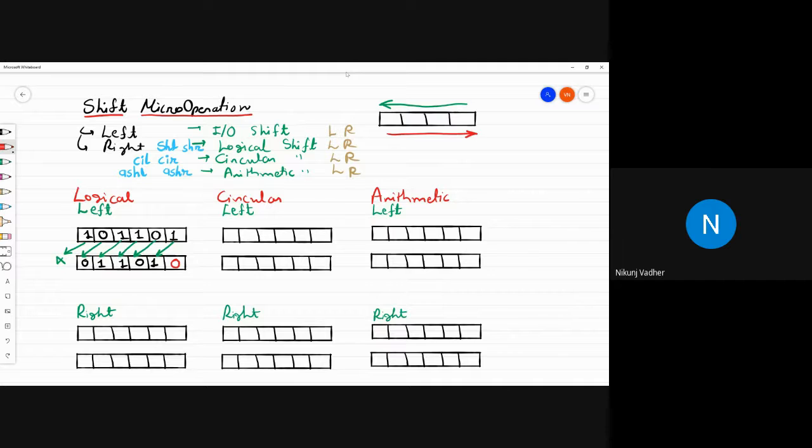So what will happen whenever we implement logical shift left? In logical shift left, the number will be multiplied, it will be almost double. For example, if we calculate the value for this, 1 2 4 8 16 and 32.